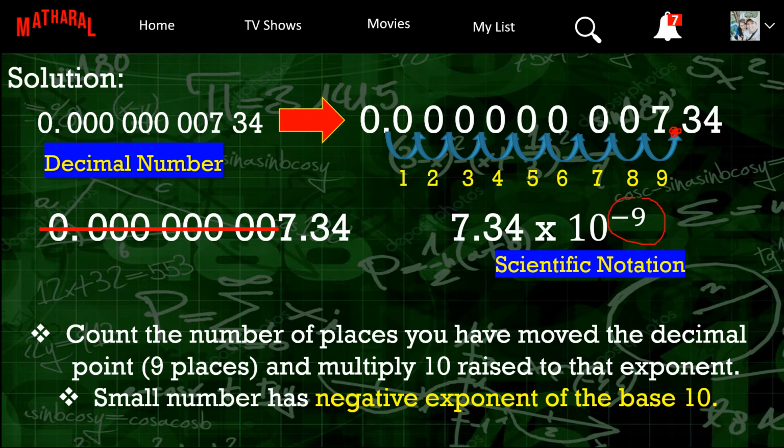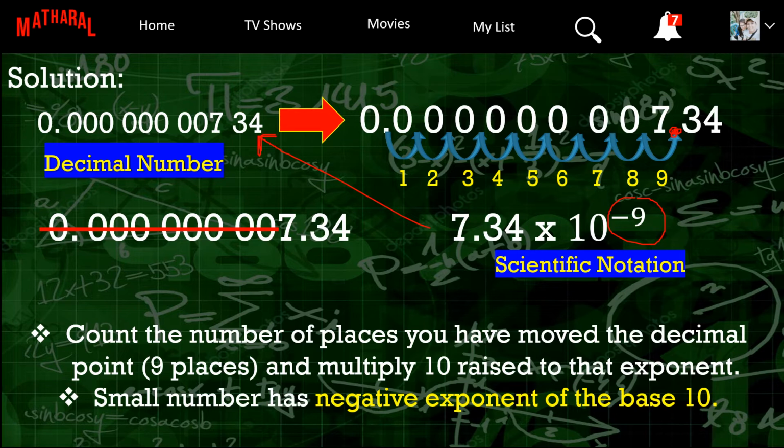Why is it negative 9? Because the number is very small. So, if the number that you're going to write in scientific notation is very small, the exponent of its base 10 is negative. Even if you counted 9 movements of the decimal place, since the number is small, the exponent will be negative. So that is negative 9.